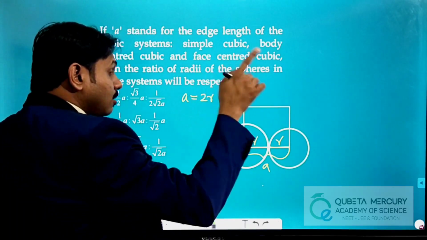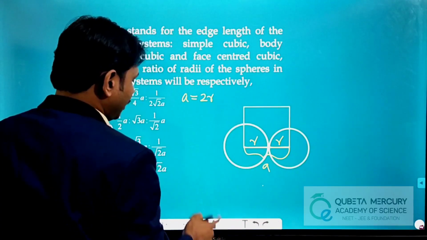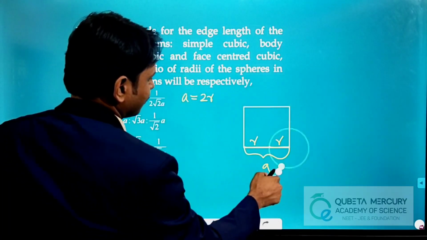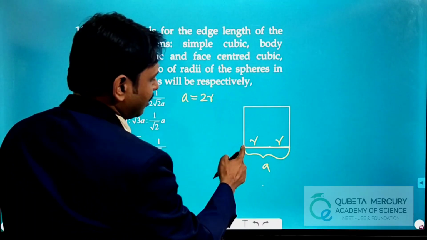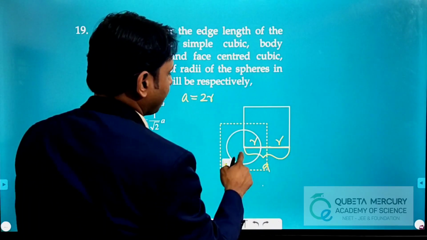Similarly for face-centered cubic. Face-centered cubic means, let me draw here.